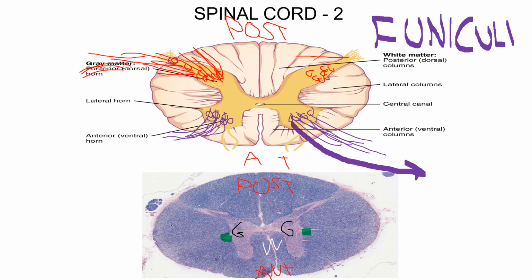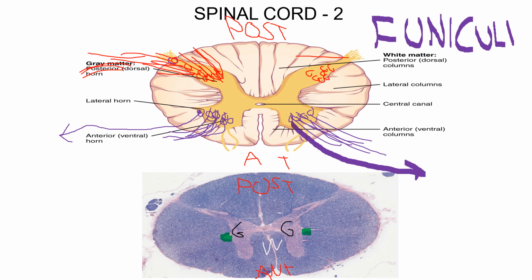So what's talking to our heart and our lungs and our stomach and our intestines? We have to have axons going there too, right, to tell us to digest our food or tell our heart to beat faster, that kind of thing. That would be the axons from the lateral horn. There's only a certain part of the spinal cord, we'll talk more about that later on, only in your thoracic region that has a lateral horn.